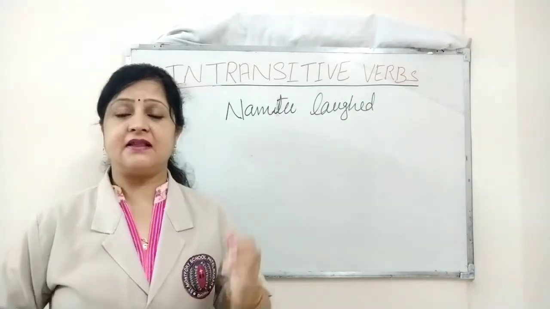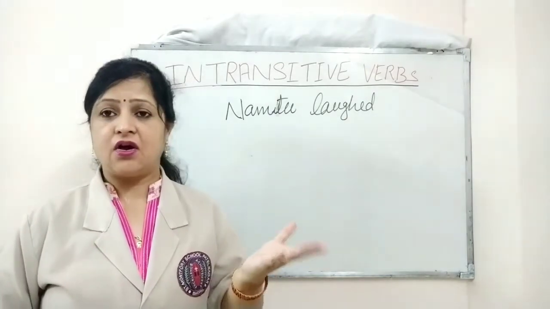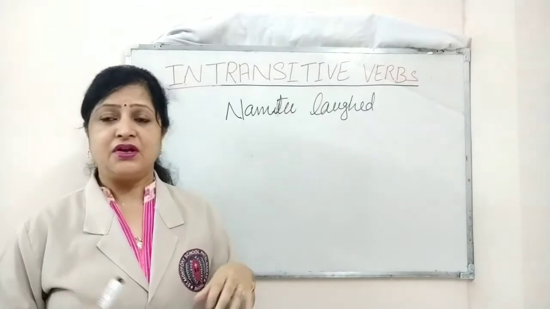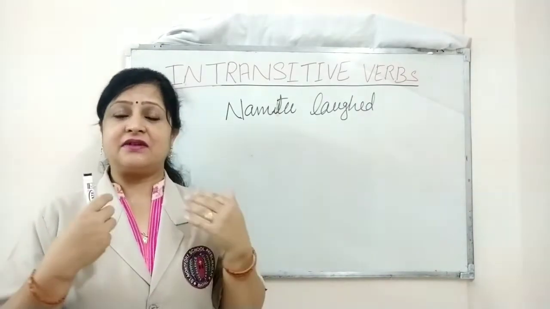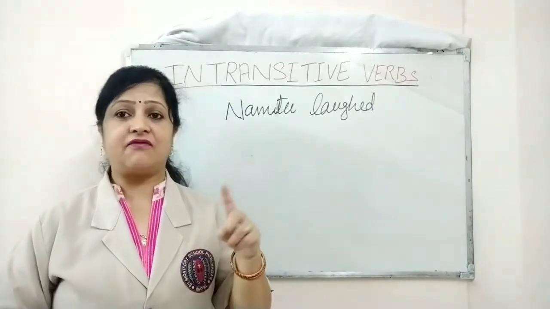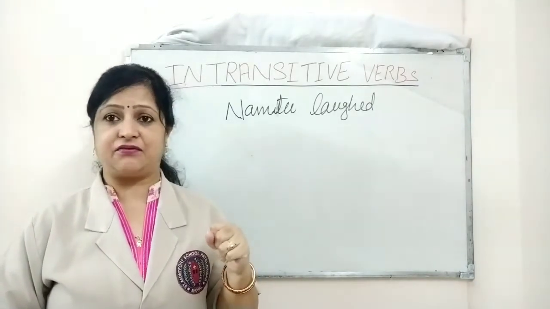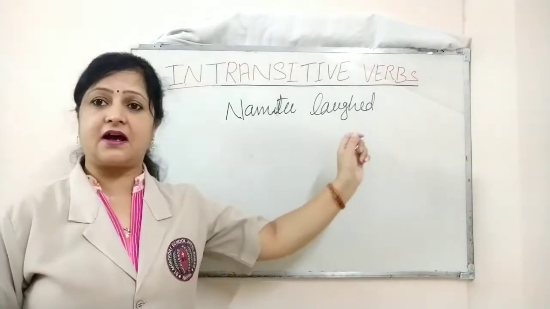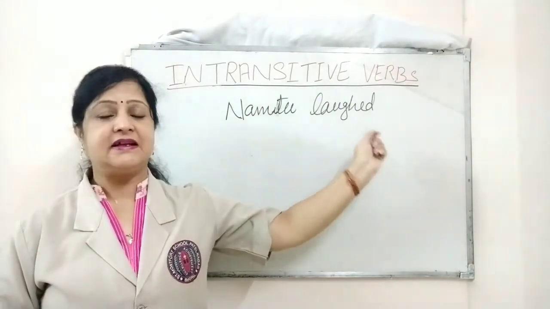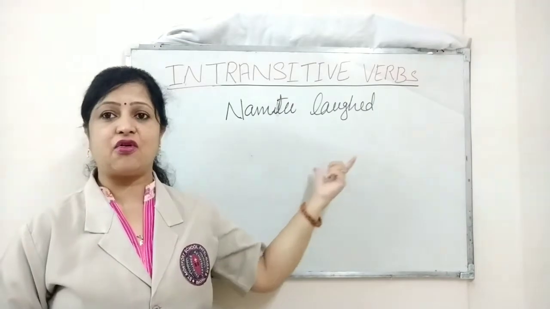If I say Namita laughed what, or Namita laughed who, you will not get any answer to these questions. So that's how you know that the verb is intransitive. Okay, so here Namita laughed is a complete sentence and does not require any object.